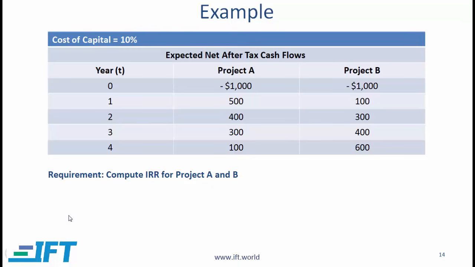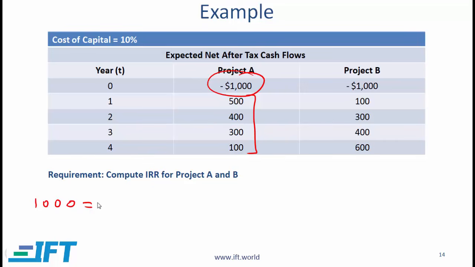Let us consider this example. Given what you just learned, how would you come up with the IRR of project A and project B? Here is what you would do. This is the long-winded method. We said that the IRR is that rate which makes the present value of the future cash flows equal to the initial investment. The initial investment is 1,000.